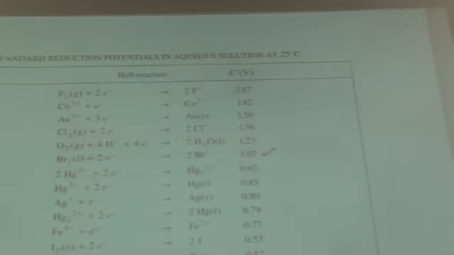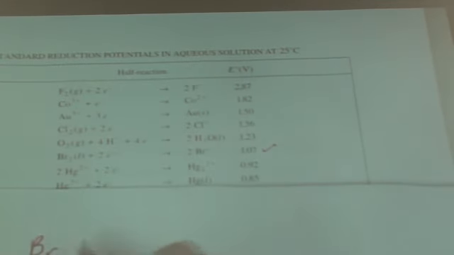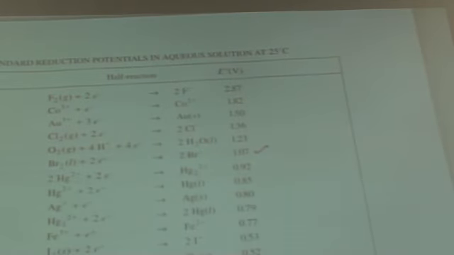Okay, now, when we write this equation out, one of these two has to be changed to an oxidation. So we're going to have the bromine staying as a reduction potential, and the lead will be changed around.